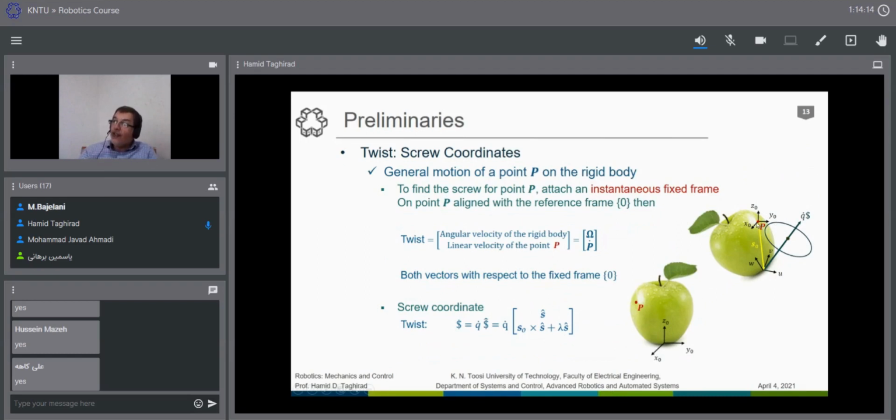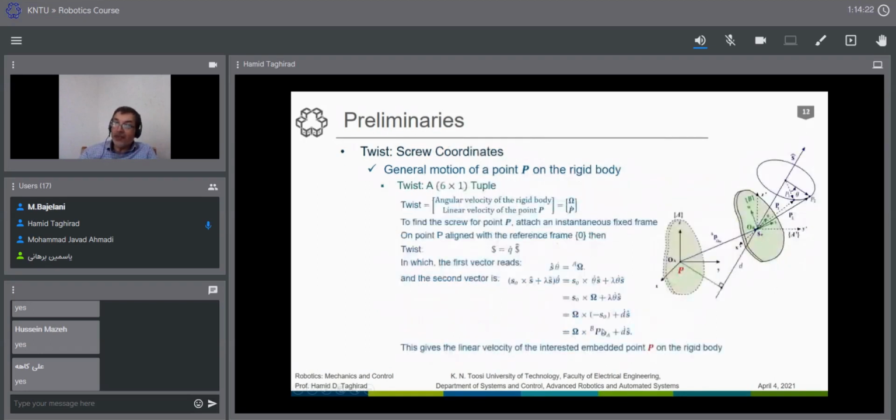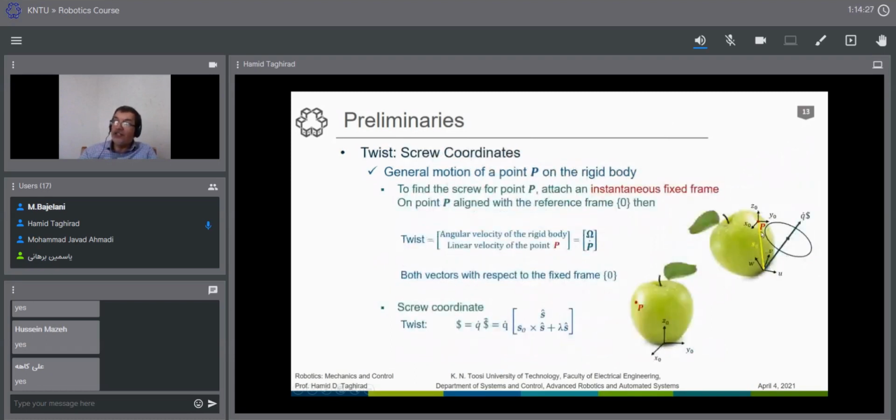If you look at that, this gives you the S0, from the fixed frame to this frame. And as you see here, minus S0 gives you the position of P. Minus S0 is the position of the point P that we would like to use here. By using that, the angular velocity and the linear velocity of the point will be very simply defined by q dot times s hat.